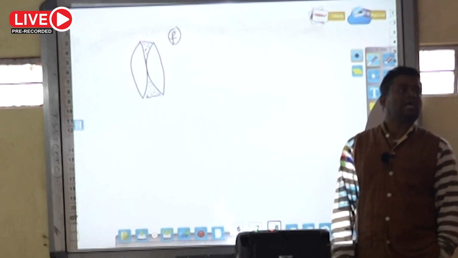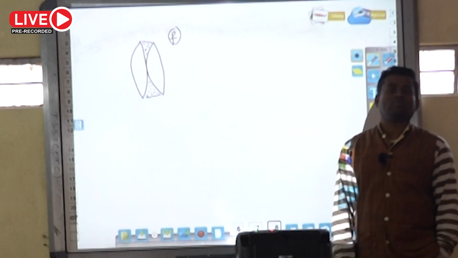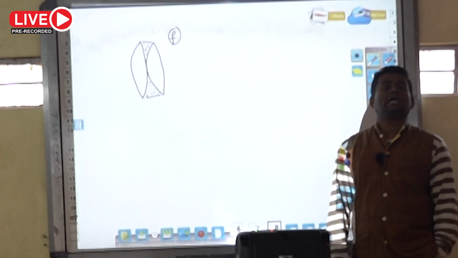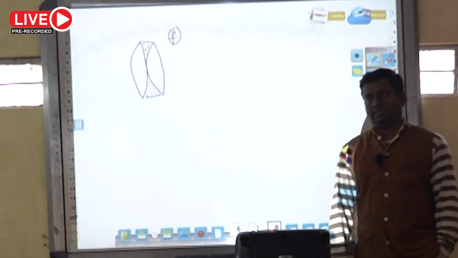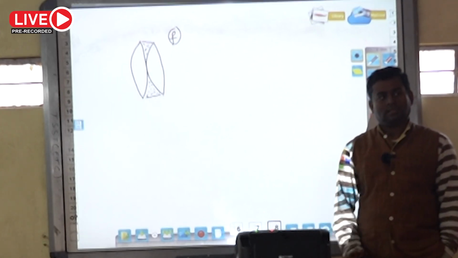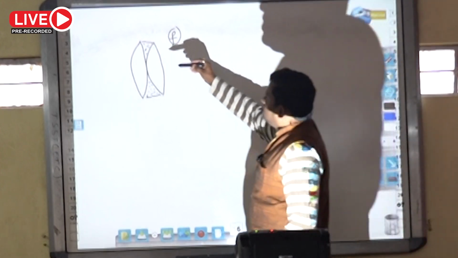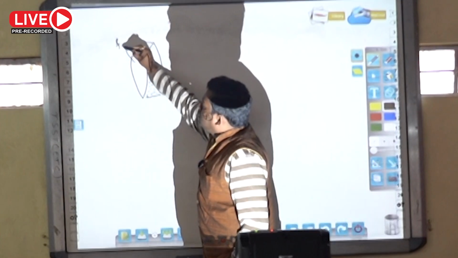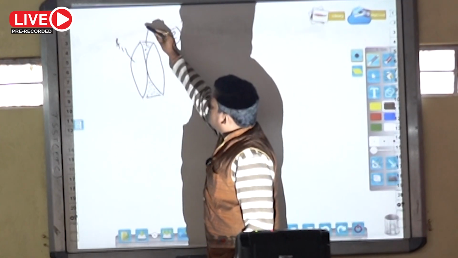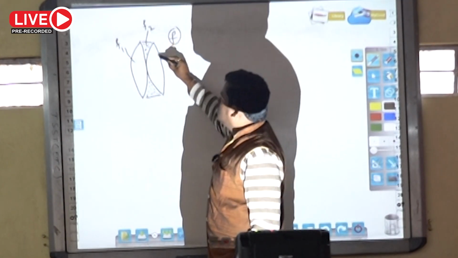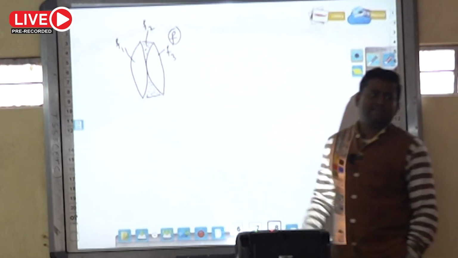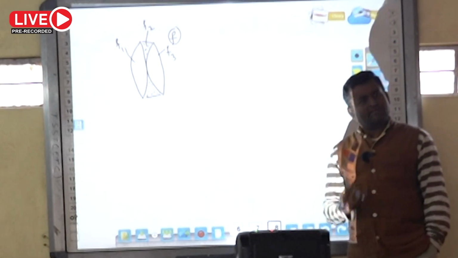For the combination of the focal length I have to find out using the formula 1/f = 1/f1 + 1/f2 + 1/f3. Clear? For the first one I consider the focal length f1, for this one f2, and for this one f3. Later f1 = f and f3 = f, that we know.